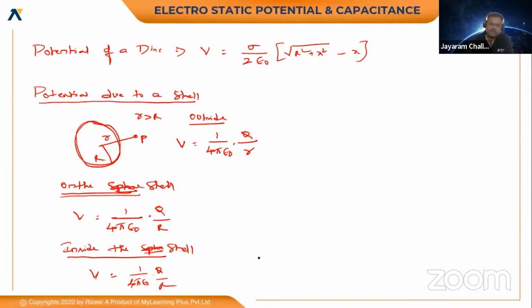That is, a potential difference of 0 means the potential on the surface and the potential inside will be the same.